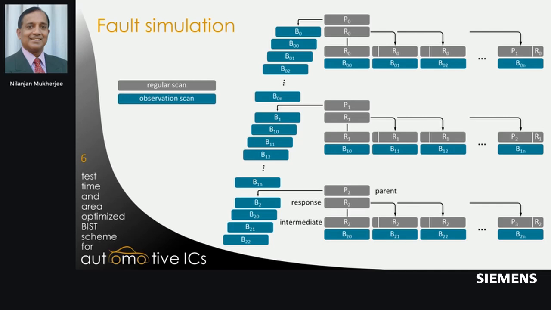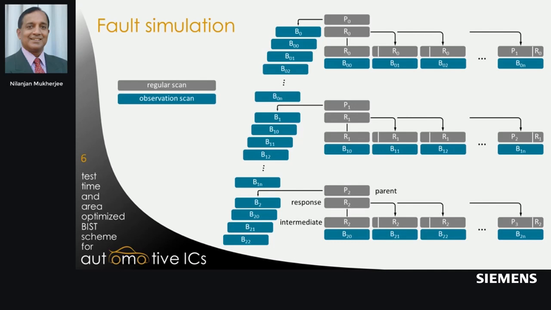Every successive shift of the response R0 results in a new intermediate pattern, B0N, until the parent pattern P1 is entirely shifted in. Similarly, the response R1 for parent pattern P1 will result in multiple intermediate patterns B10 to B1N. The process continues with the third pattern P2 and so on.